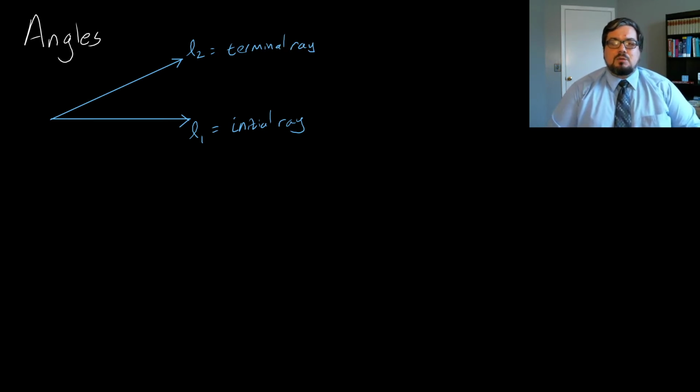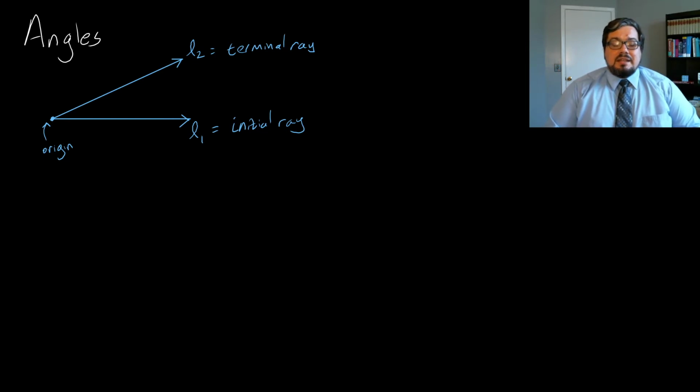And we're going to think about how we can go from L1, our initial ray, to L2, our terminal ray, by rotating around the point that they have in common, that is, the origin.